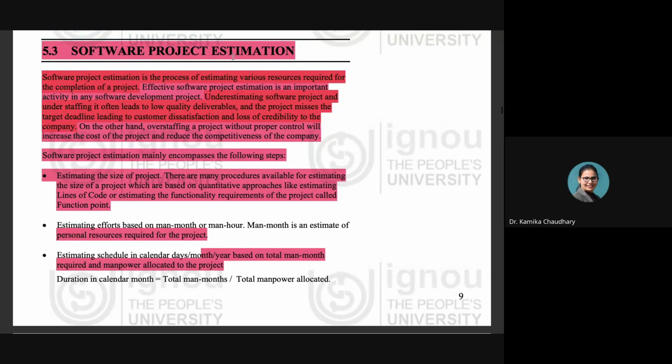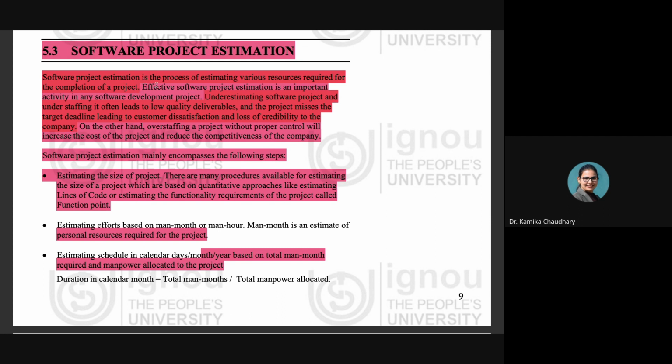It is basically the process of estimating the various resources required for the completion of a project. I have also explained earlier, for example, if we are going to plan a holiday trip, we have to make an estimate of everything, right? We have to make an estimate of the number of days, number of people, amount of the money, and so on.